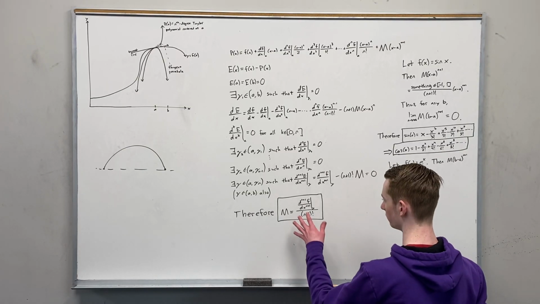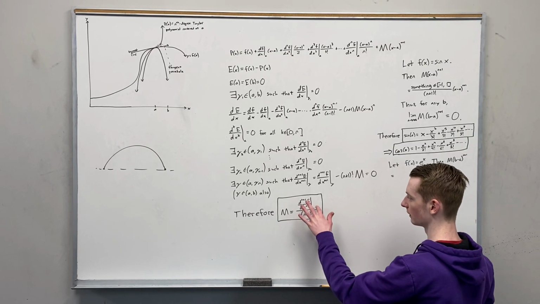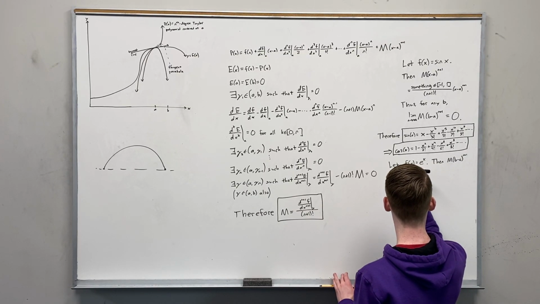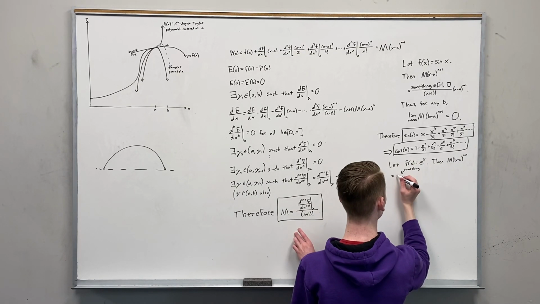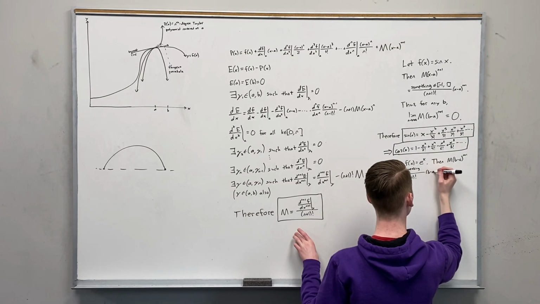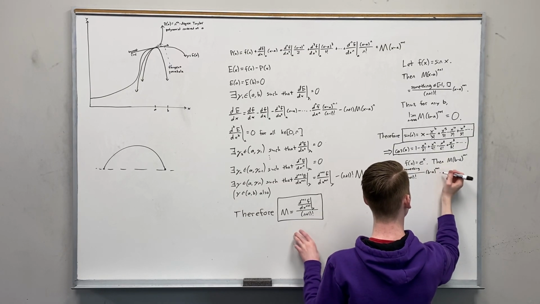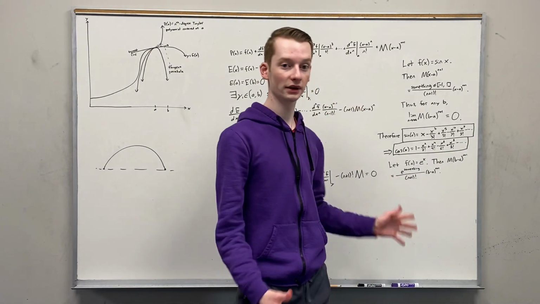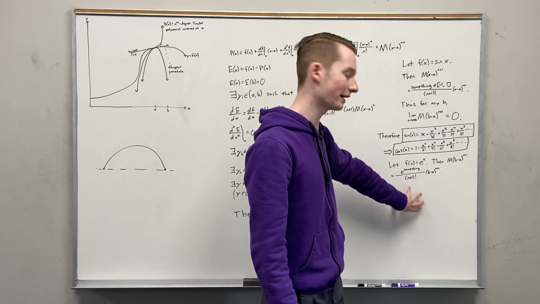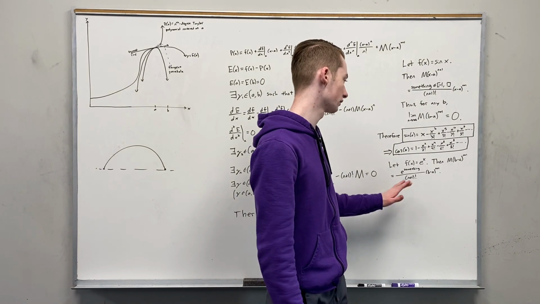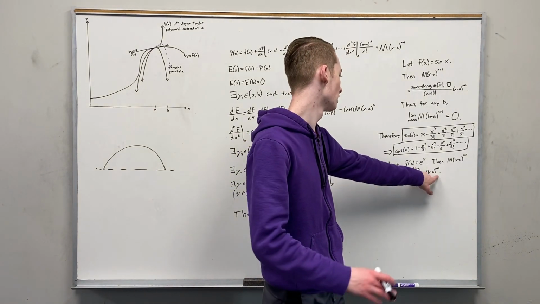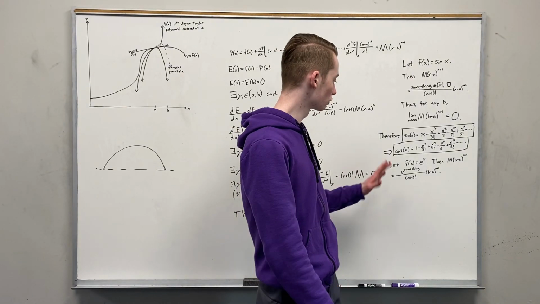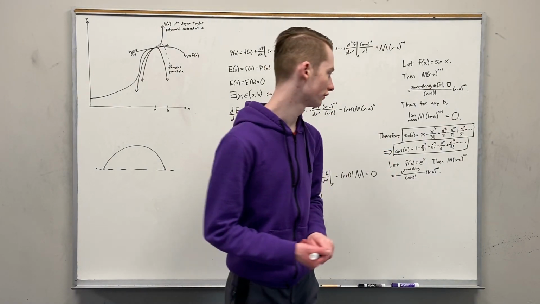Our derivative is going to be e to the x always, and we plug in gamma, so it's going to be e to the power of something over n plus 1 factorial multiplied by b minus a to the n plus 1. And again, there comes a point where n plus 1 factorial gets big enough that this becomes practically 0. It's going to end up being way more huge than this guy is, and this is just a constant, so we don't have to worry about it. So this whole thing goes to 0 as n goes to infinity.